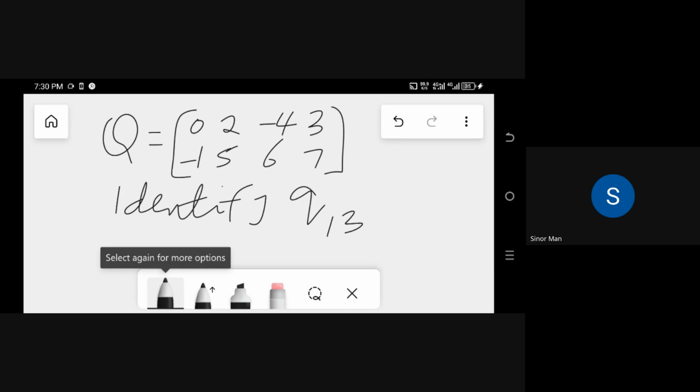So you're being asked to identify the element in the first row and the third column.